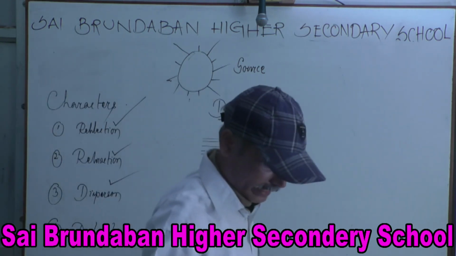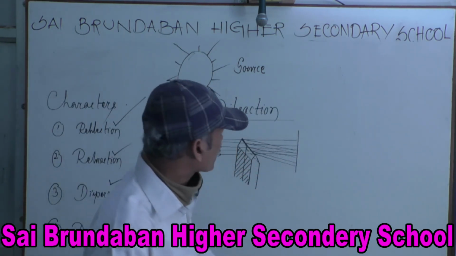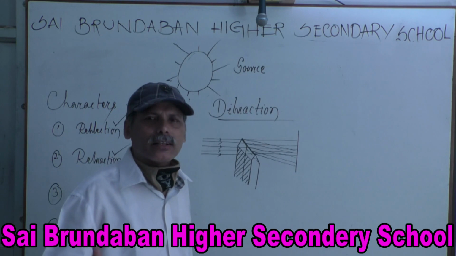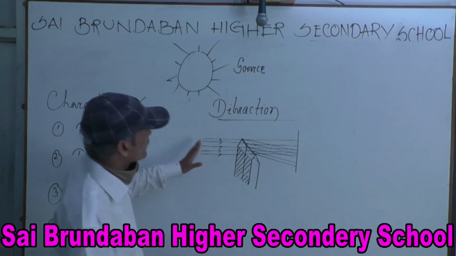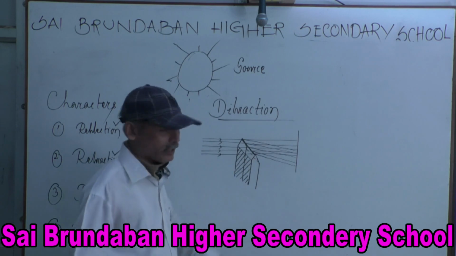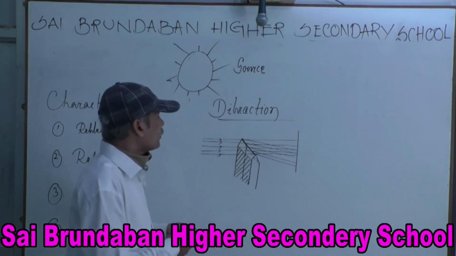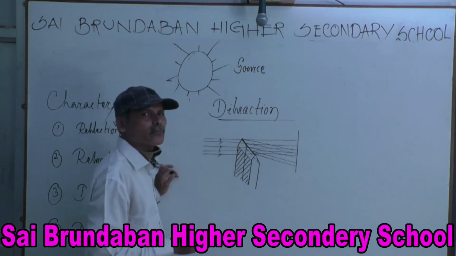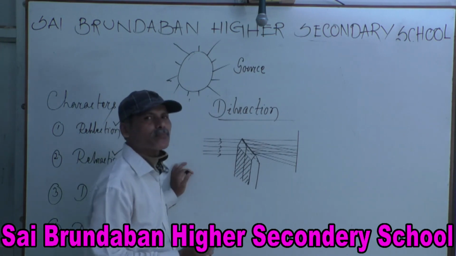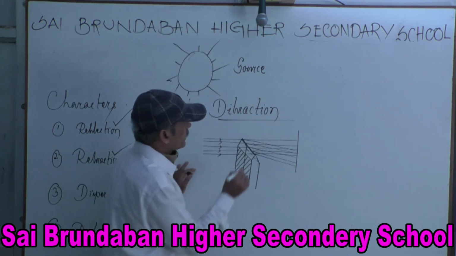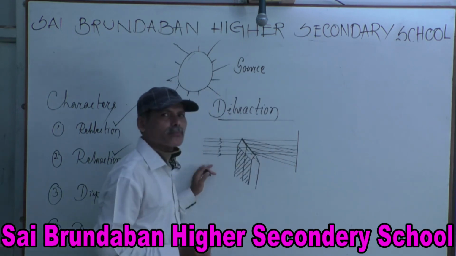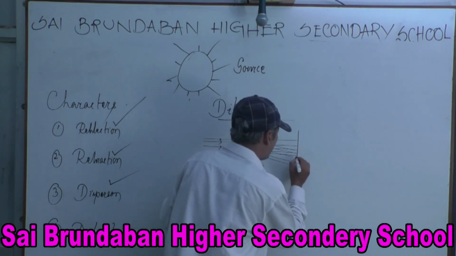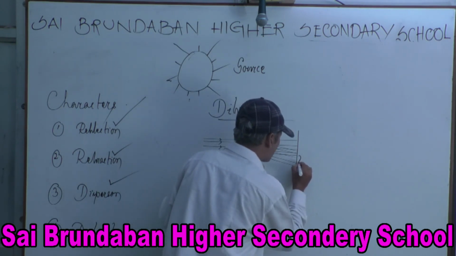In this case, what happened? In general, light travels in a straight line. But when light strikes a sharp surface, it bends into the shadow region.